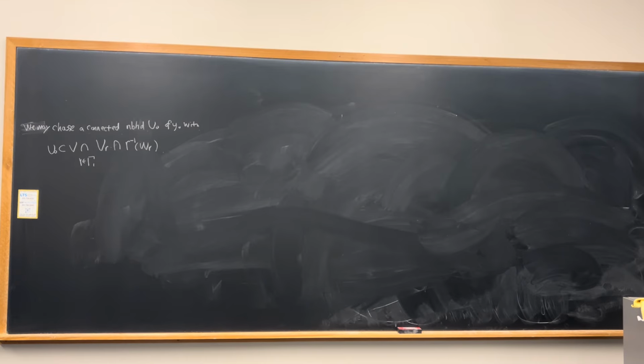This V is like the relatively compact neighborhood of y naught in this F tilde, right? Because this F tilde is locally compact. So therefore, we can choose the relatively compact neighborhood E of y naught.